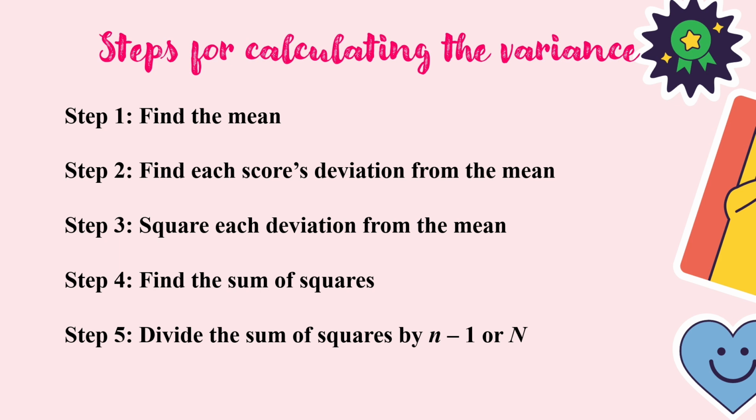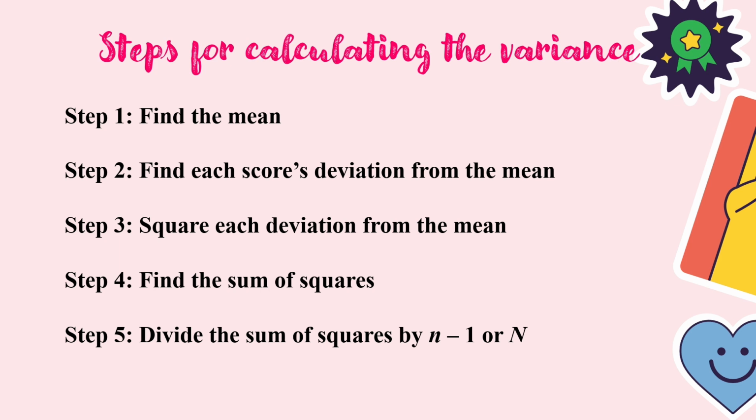There are mainly five steps for finding the variance by hand. First, we find the mean. To find the mean, add up all the scores, then divide by the number of scores. Step 2 is to find each score's deviation from the mean.